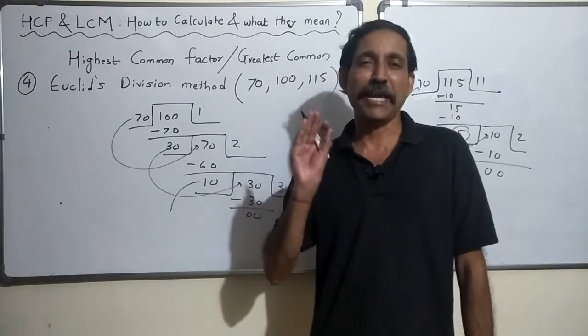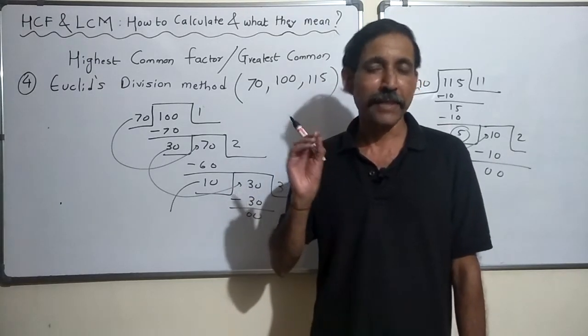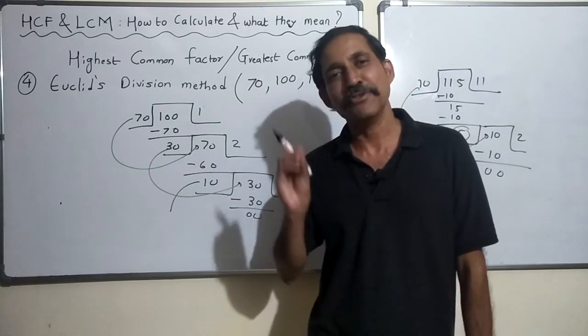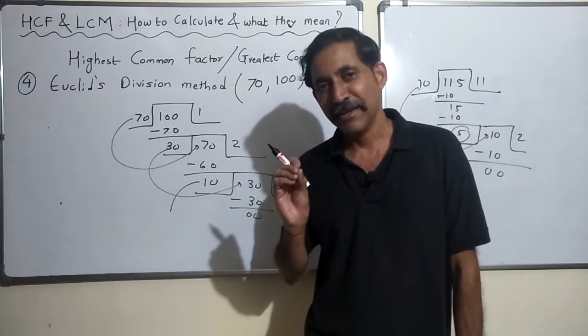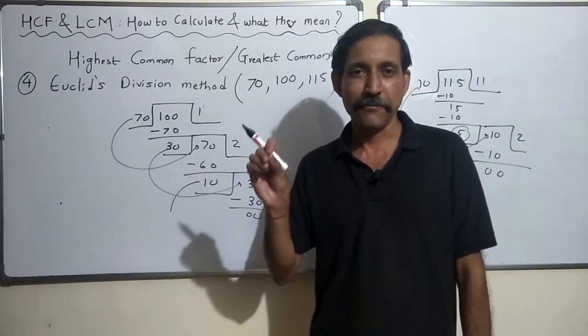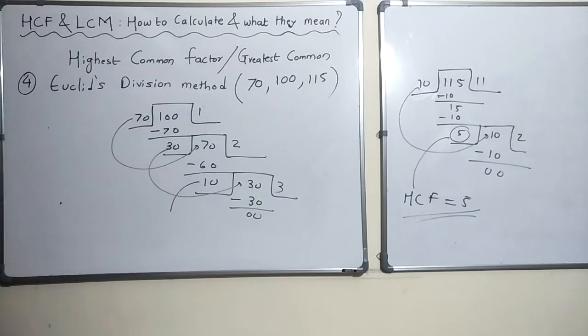In only one case will you get different answers in different methods, and that is when you have made a mistake. As long as you have not made a mistake, the answer in all four methods should be the same, which is the correct answer.